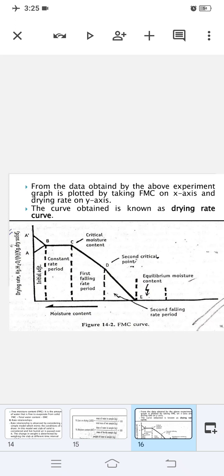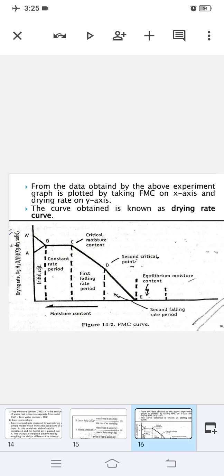Second is B to C, the constant rate period. What happens in this period? The temperature remains constant and the rate of drying is also constant. The moisture evaporating from the surface is replaced by the water diffusing from the interior of the solid. That's why both the rate of drying and the temperature are constant.